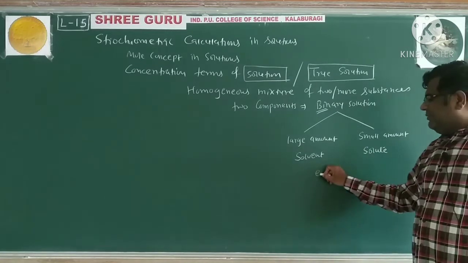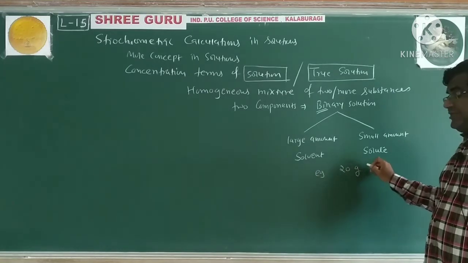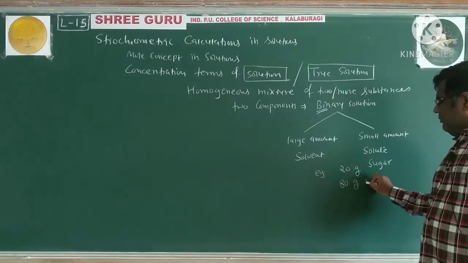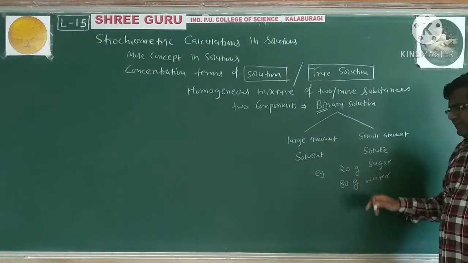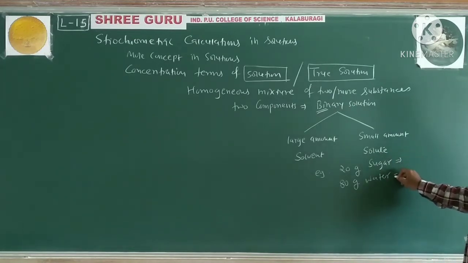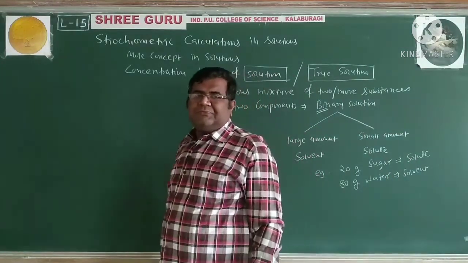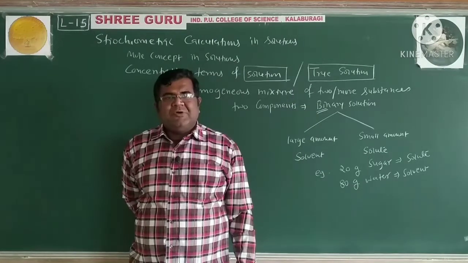For example, when we say 20 gram sugar dissolved in 80 gram water, comparing this 20 and 80, we find that this 20 gram sugar is the solute and this is the solvent. So the component present in small amount is called solute, and the component present in large amount is called solvent.